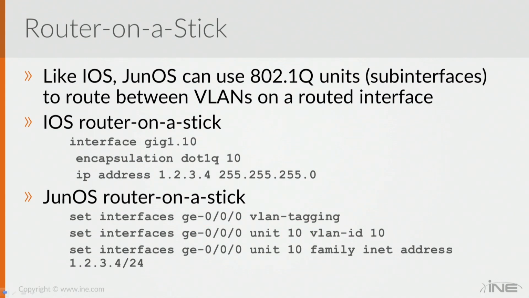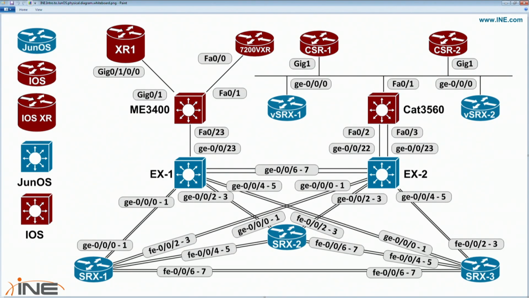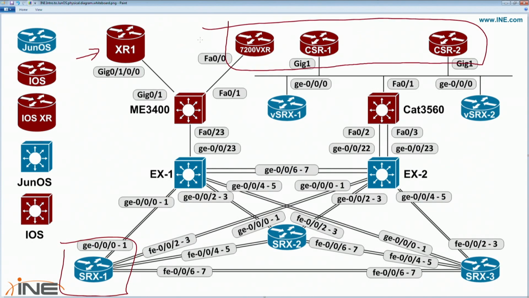Okay, so let's take a look at this on the CLI, and let's take a look at our physical diagram that we're going to be using, where let's say that we want to get basic connectivity between some of the SRX routers. We're going to start with SRX1, and we're going to try to get connectivity to some of the other IOS devices. So we have XR1 up here, which is running IOS XR, and then we have our other regular IOS devices, the 7200 VXR, the Cloud Services Routers, and then the Catalyst switches, the ME3400 and the Catalyst 3560.